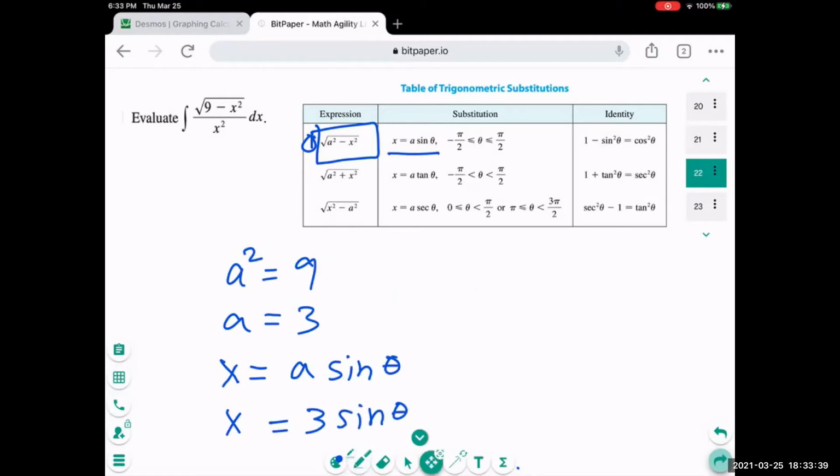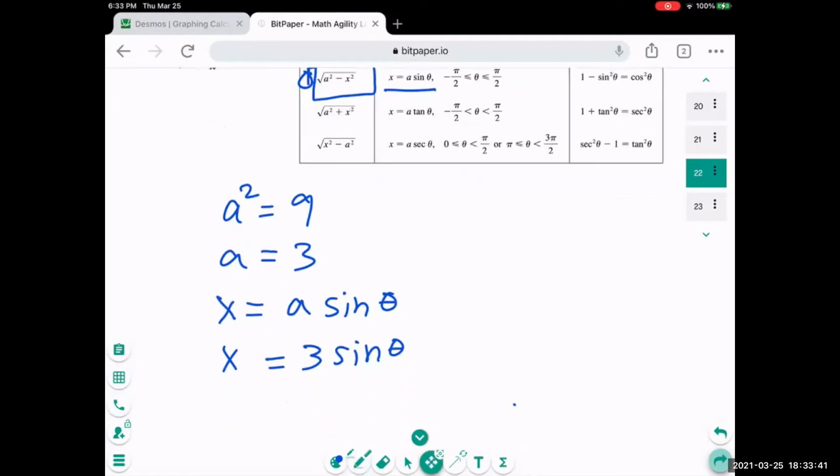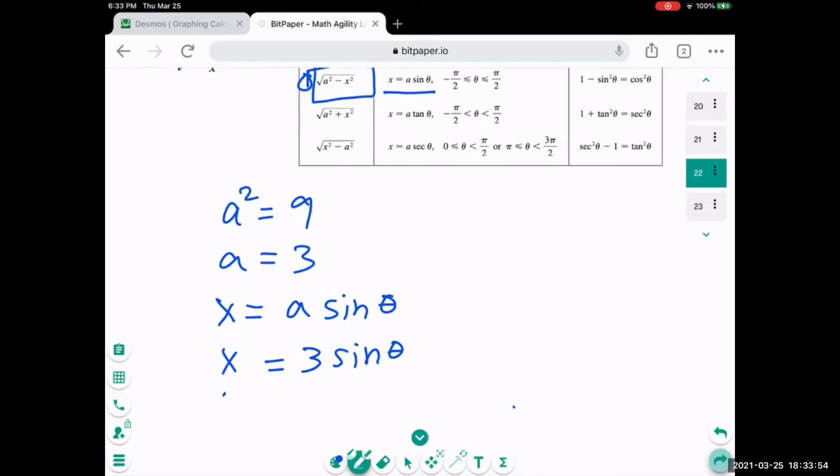Okay, and then next step is let's take the derivative. So what's the derivative of 3 sine theta? So dx equals 3 cosine of theta d theta, right?